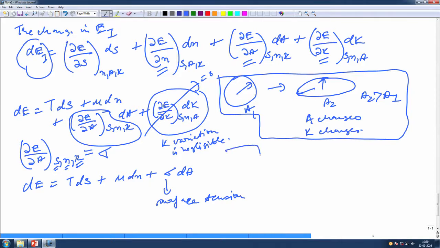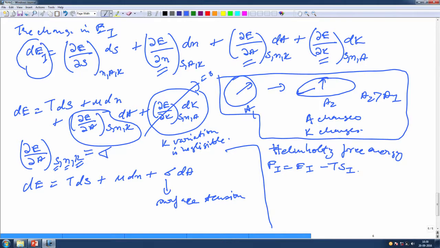Surface tension can also be represented in terms of the Helmholtz free energy equation. There can be equivalent representations. So, Fi for example is Ei minus T Si, that we know, that is the Helmholtz basic equation. Similarly dFi can be written as dEi minus T dSi minus Si dT.